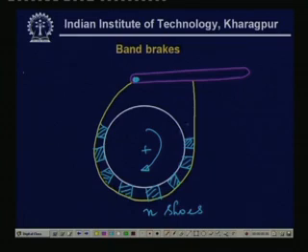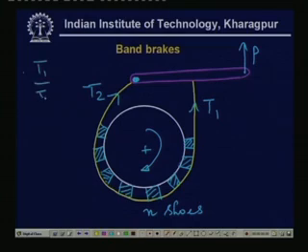So, definitely T 1 is greater than T 2, and we have to apply a force P over here. Now, what is the relationship between T 1 and T 2? It is not like T 1 by T 2 is e to the power mu beta, because the load is not continuously distributed.